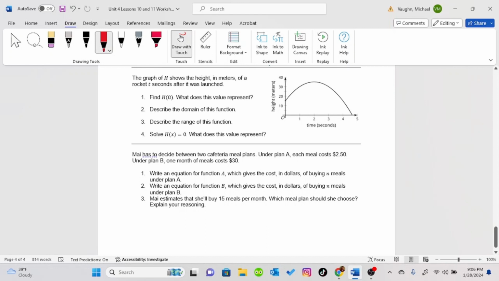So when x is 0, our line touches the y-axis at about 15 meters. What does this value represent? Starting height of the rocket.